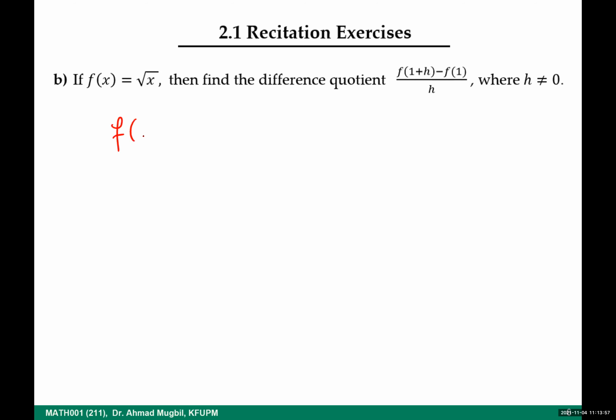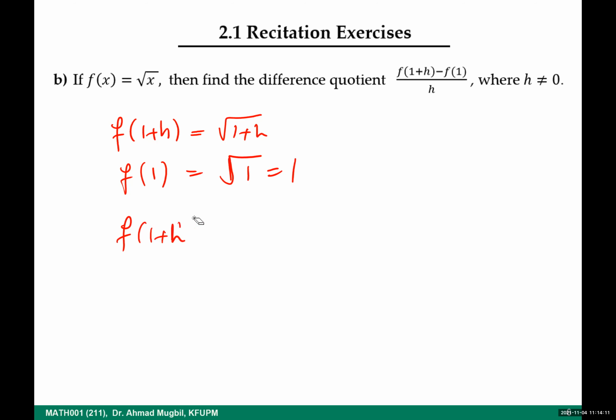What is f at 1 plus h? What is f at 1? Square root of 1, which is 1. The difference is what? Square root of 1 plus h minus 1.